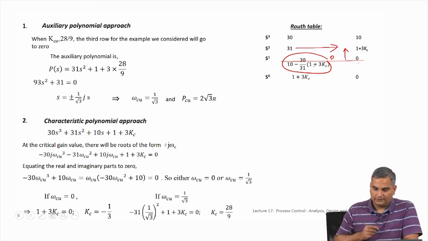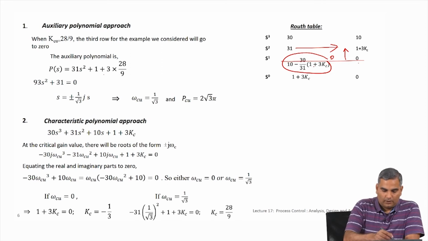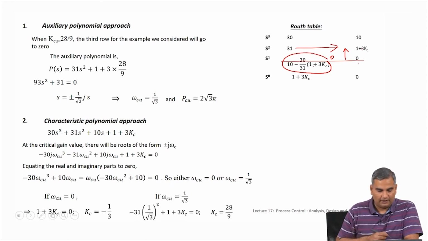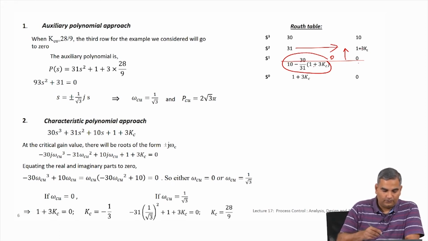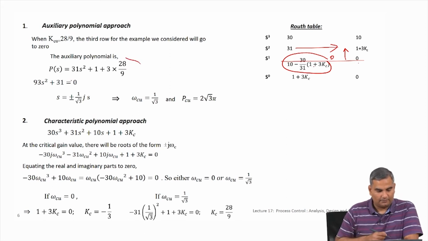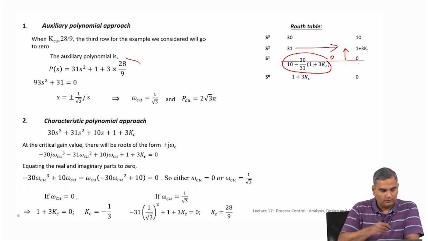So, the auxiliary polynomial is 31s squared plus 1 plus 3 times this 28 by 9. So, the 28 by 9 is the ultimate gain. Now, if you simplify this polynomial, you will get 93s squared plus 31. If you set this auxiliary polynomial equal to 0 and then compute s, that will give you the omega.